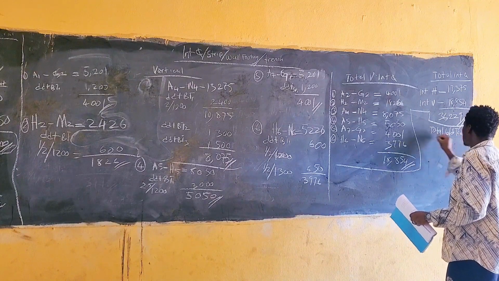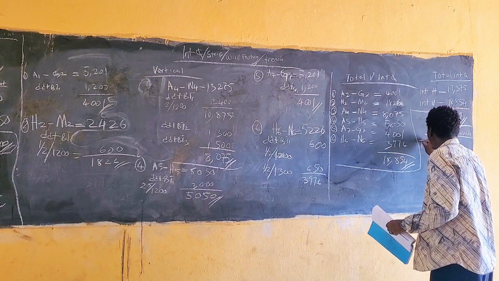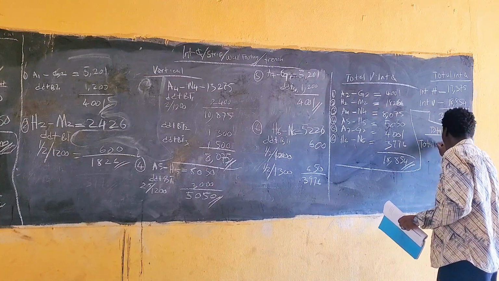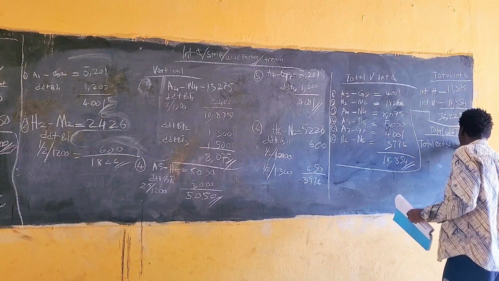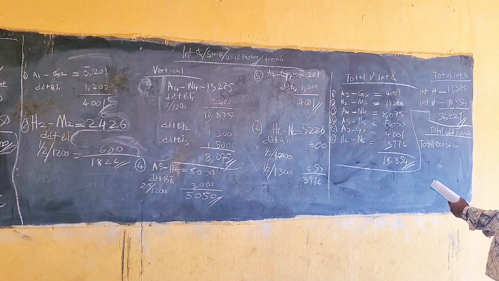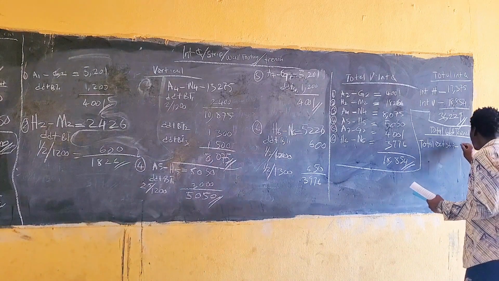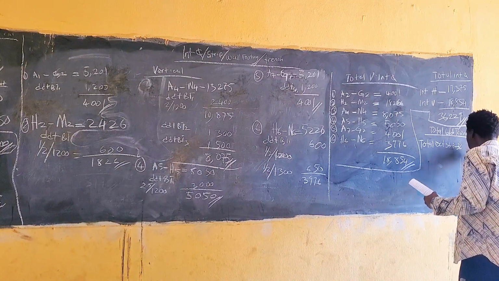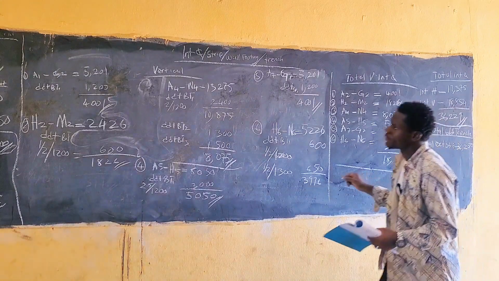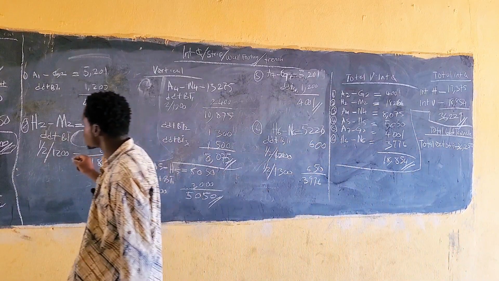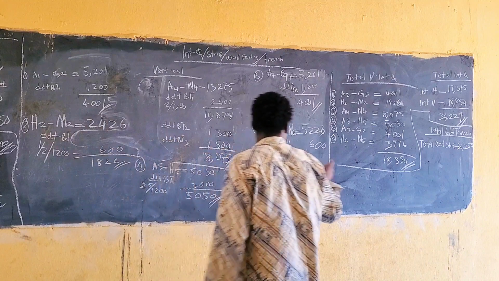We now say total external strip. We got external strip, the total to be 36,250 right here. 36,250 was our total external.